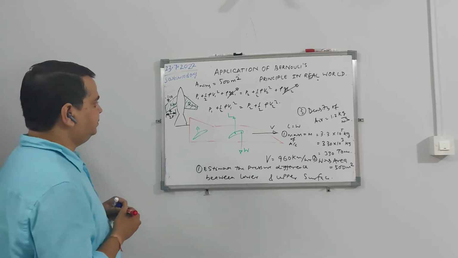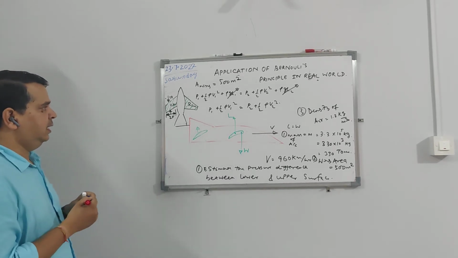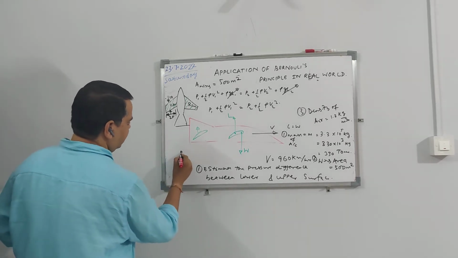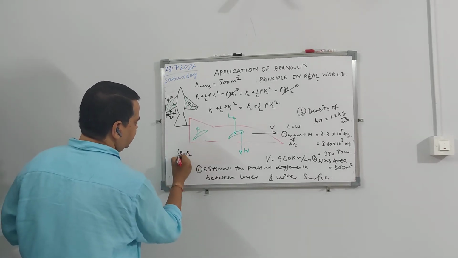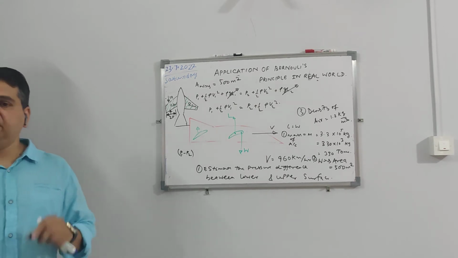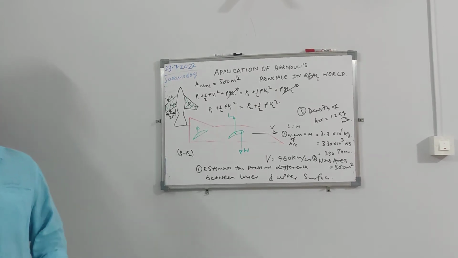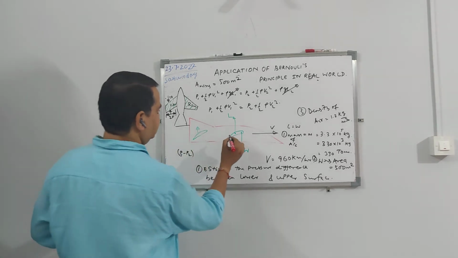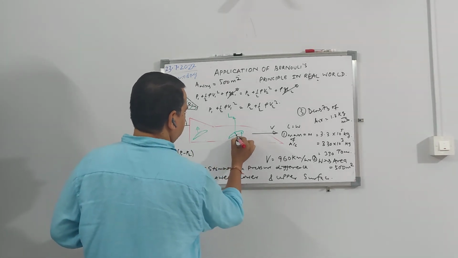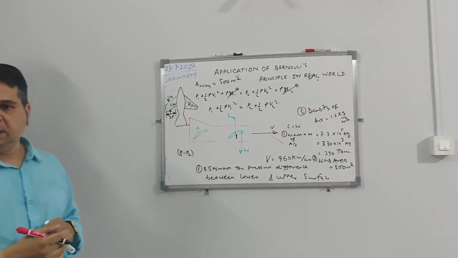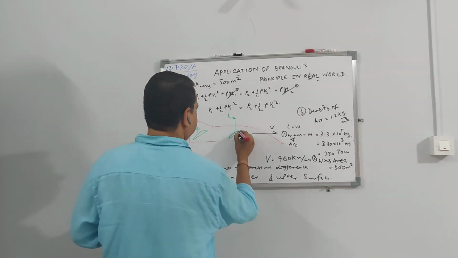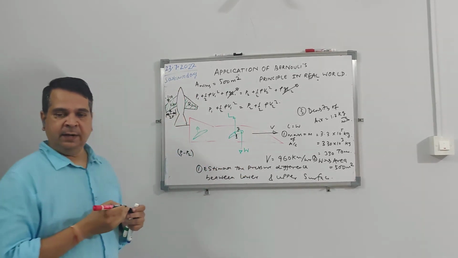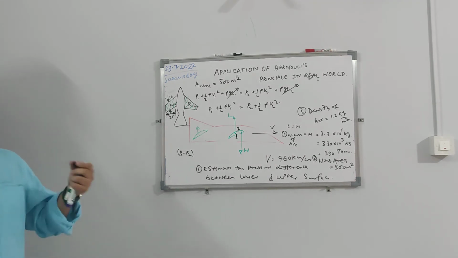P1 minus P2 is the difference between the pressure on the lower surface and the upper surface. The lower surface has higher pressure, so I call that point 1, and 2 is my lower pressure. So P1 minus P2 is the pressure difference.